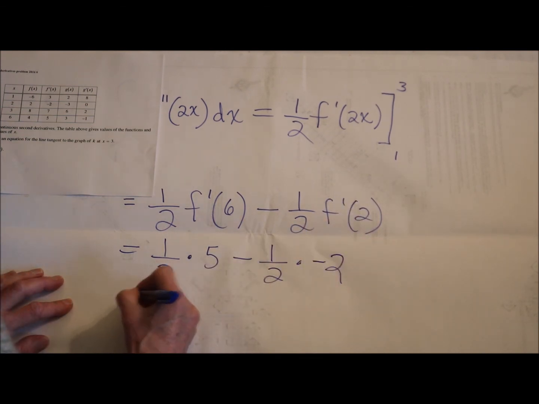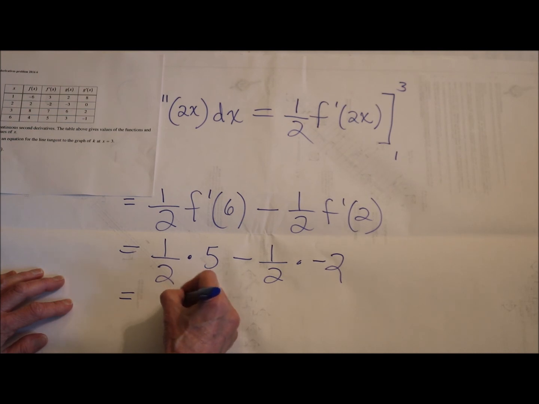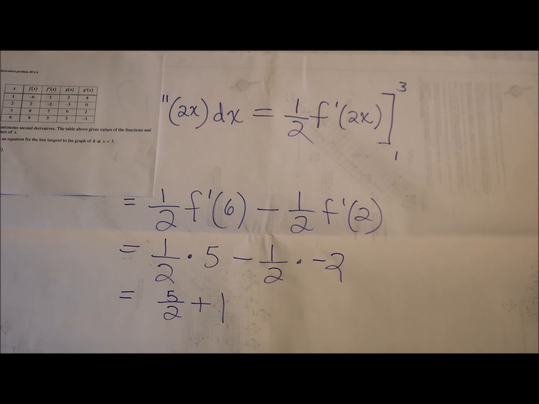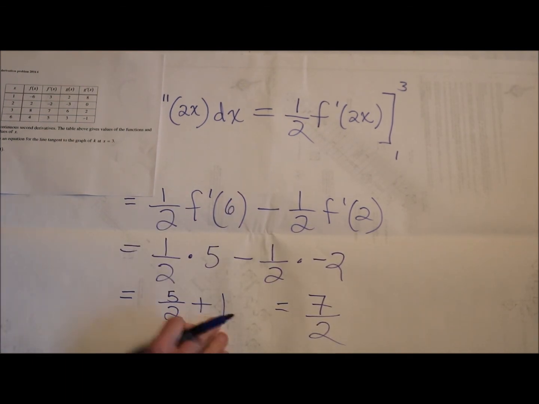And there's our answer. Five halves plus 1. You could leave it like that, or you could write 7 halves. But you can leave things unsimplified. That's not a problem at all. And there you have it.